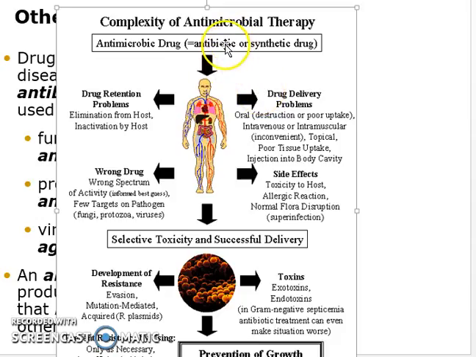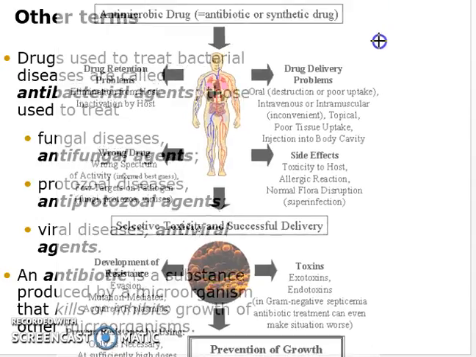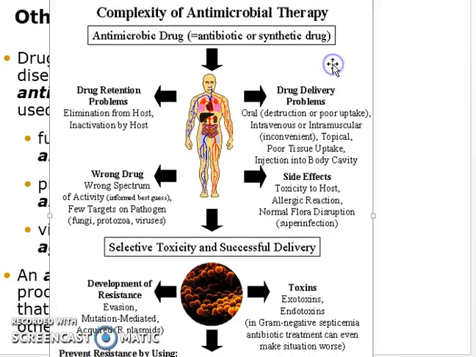So if you have a drug that's been produced using elements from another living organism, we refer to that as an antibiotic. If you have a drug in which you take components and manipulate it inside of a laboratory setting, you refer to that as a synthetic drug because it's been synthesized or made by people.